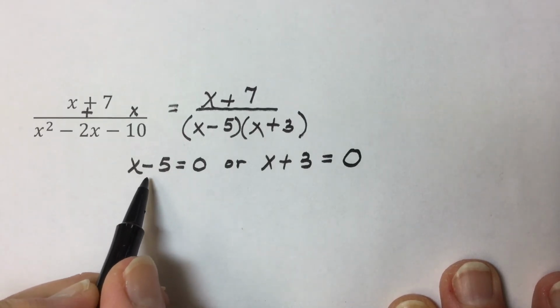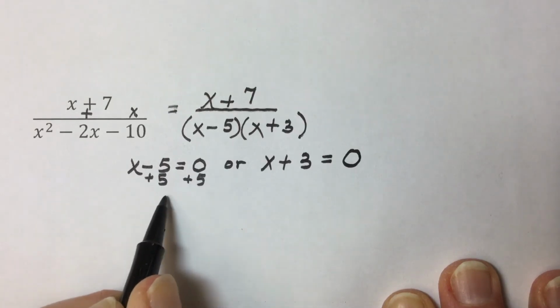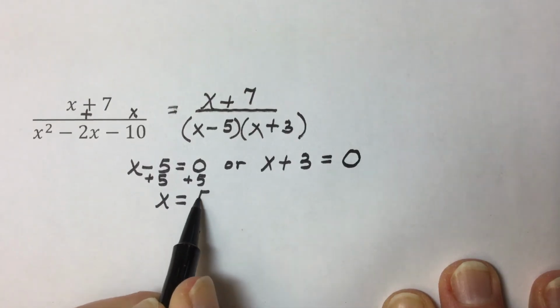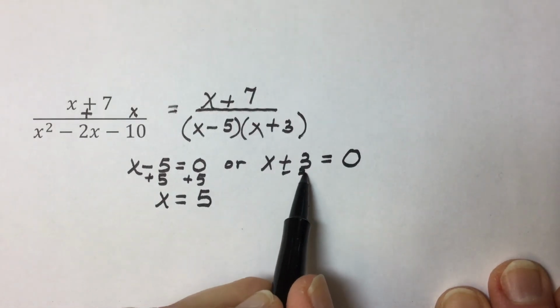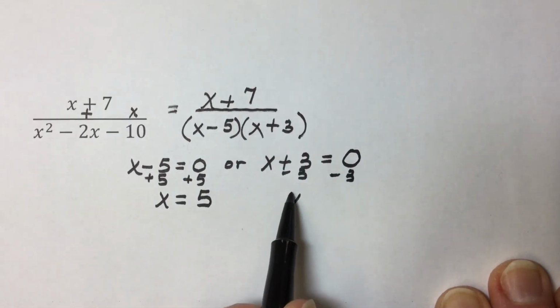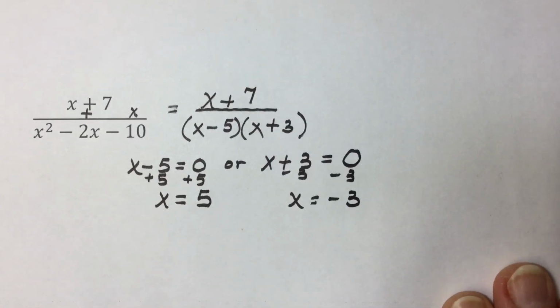Solving here, we'll add 5 to both sides, leaving us with x equal to 5 would be a restricted value, and subtracting 3 for this factor results in a restriction of x also taking on the value of -3. These two values are ones that we would not want x to equal and are the values that make this rational expression undefined.